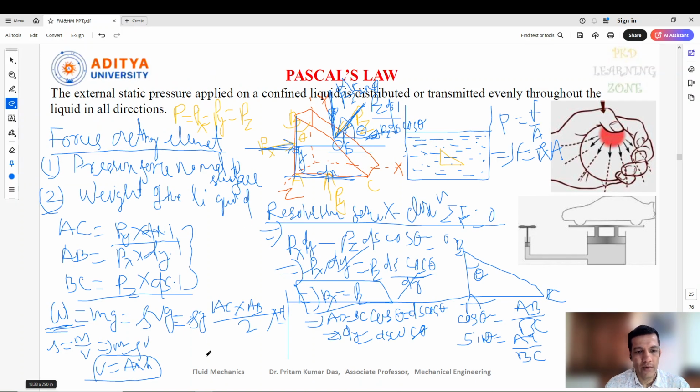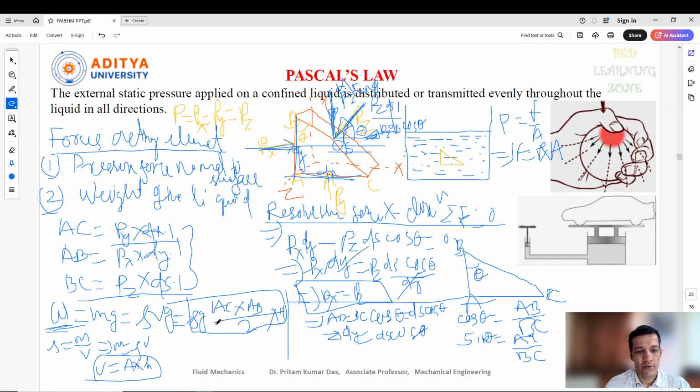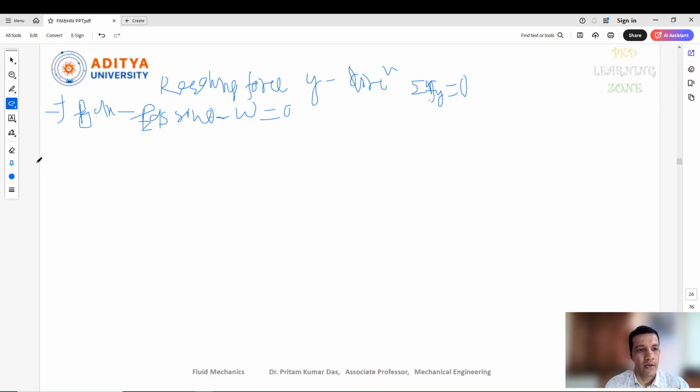Or else we can write this W only equal to 0, because we know that summation of force in the y direction equal to 0. Now this W value, we can also write as rho g AB AC by 2, but let's keep it here like this.